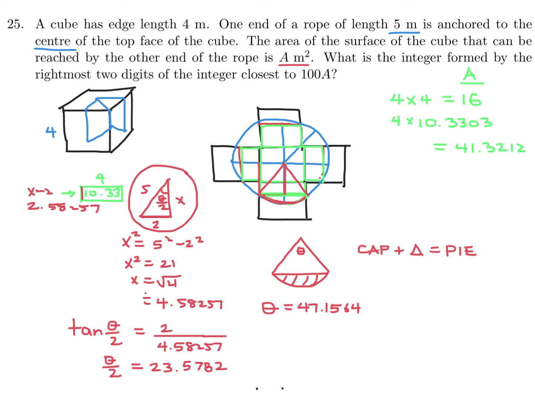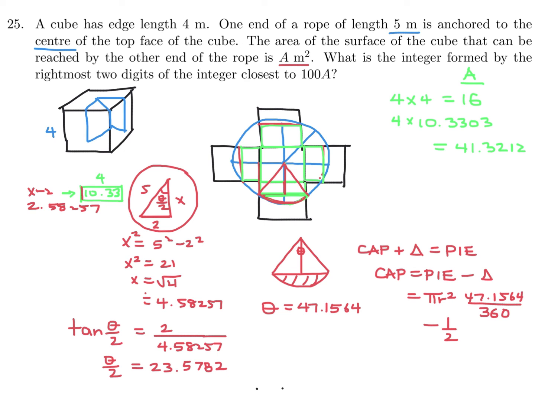The cap is going to be the pie minus the triangle. And the pie, you figure out, it's a segment of a circle. So it would be pi r squared times the segment, which is theta over 360. So in this case, it would be 47.1564 over 360, because that's how much of the circle it is in terms of degrees. And then the triangle, I guess we just use 1/2 base times height.